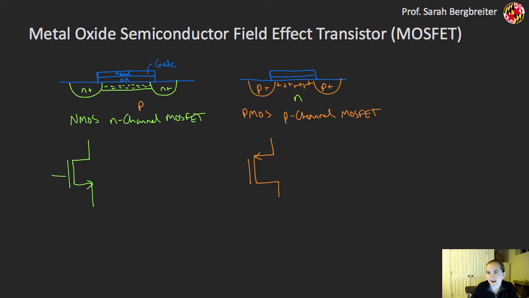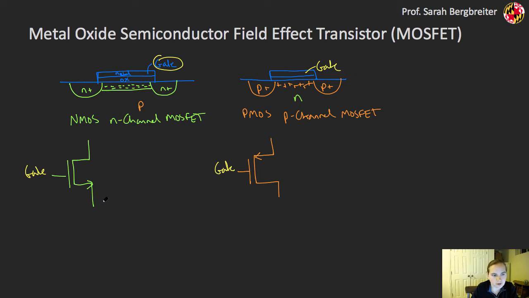And for the actual terminal names, I already gave you gate right up here, so this is also the gate on this side. And the gate is going to be this terminal going into this thing that looks like a capacitor here. And it looks like a capacitor for a reason, right? It's effectively a capacitor at the input. So this is going to be my gate for both the NMOS and the PMOS transistors.